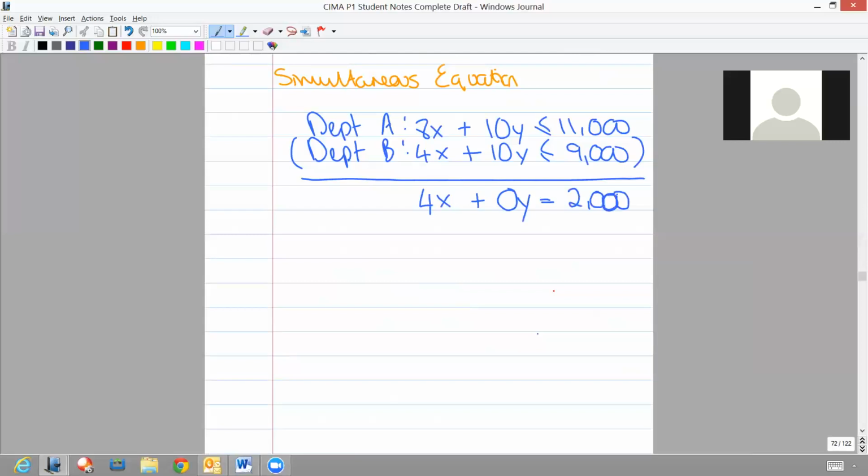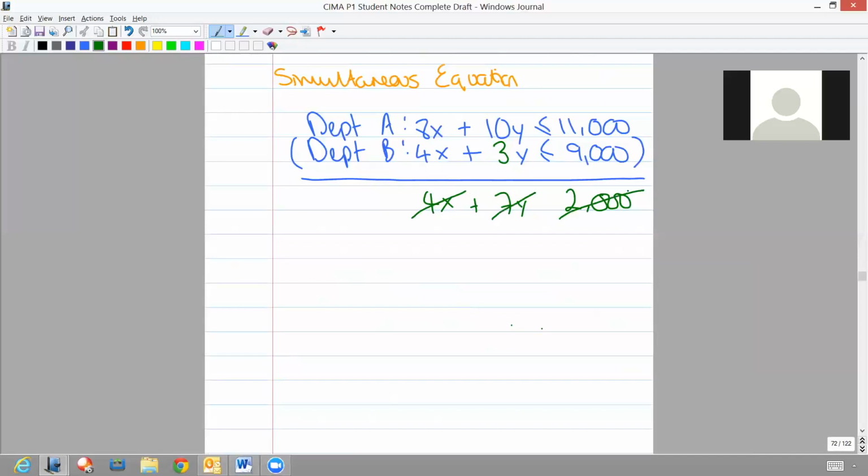And that's fantastic. However, in your scenario and in your questions, that may not be the case. So let's say that we had a 3 here. If we took one from the other, we would end up with 4x and 7y and 2,000. That can't happen because we need either the x value or the y value to equal 0.